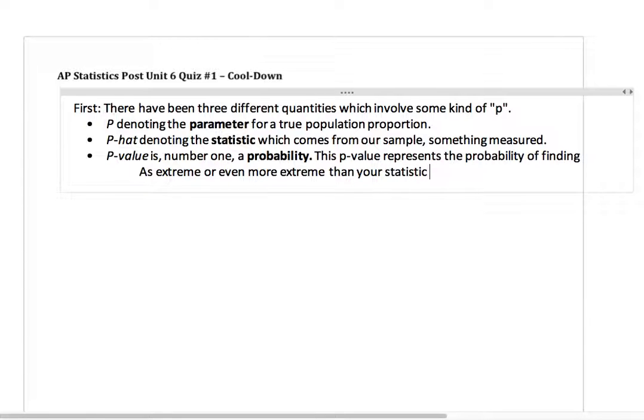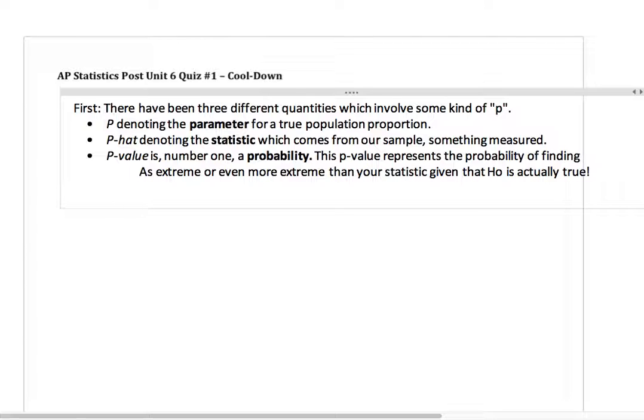So for us so far, our statistic will be p-hat, so it's the probability of finding a p-hat as far out or as extreme as you saw, or something even farther out, given that H sub 0, or the null hypothesis, is actually true. Okay, this is a very important condition, an idea that you know exactly.